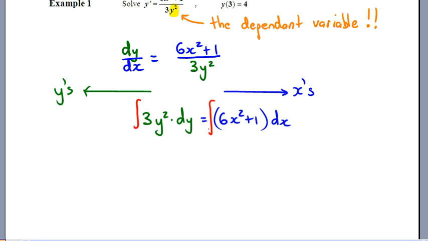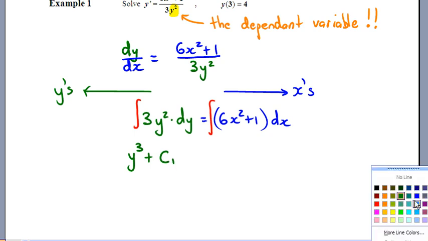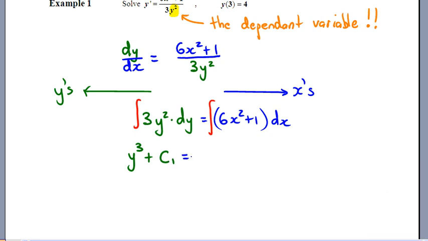And when I do that, I end up over on that left side with y cubed plus some sort of constant. I'll call that constant number 1. And then over here, when I integrate using x's now, I'm going to have 2x cubed plus an x plus some other constant, constant number 2.